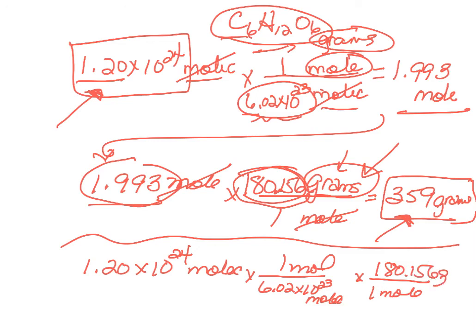All right, and then at the end, you would just do all your multiplication, okay? Either way is perfectly acceptable. So that is an introduction to moles. So now we're going to get into chemical reactions and how do we apply moles to stoichiometry.